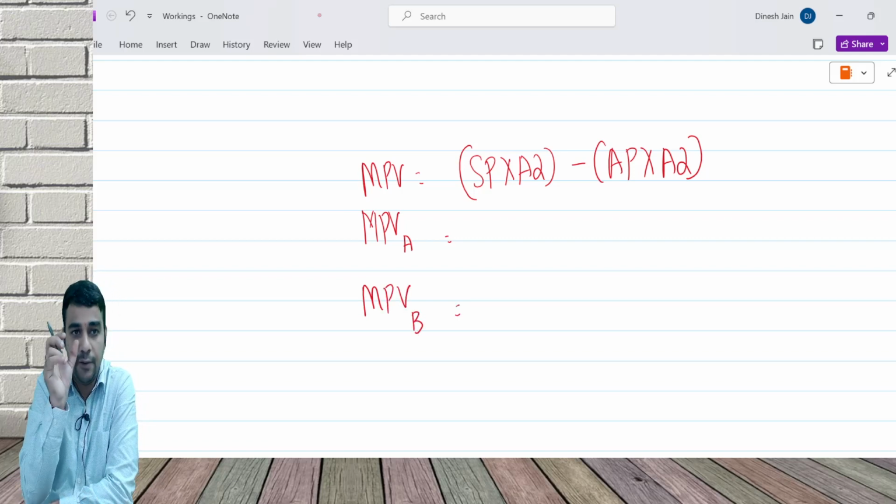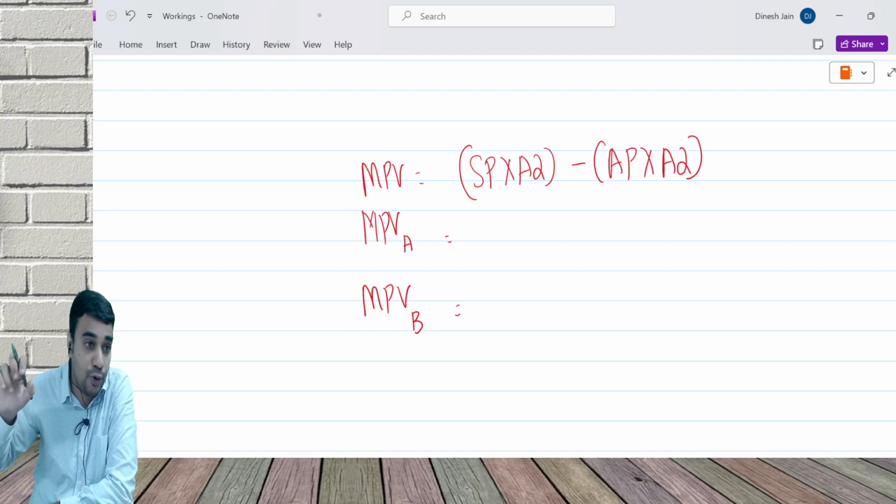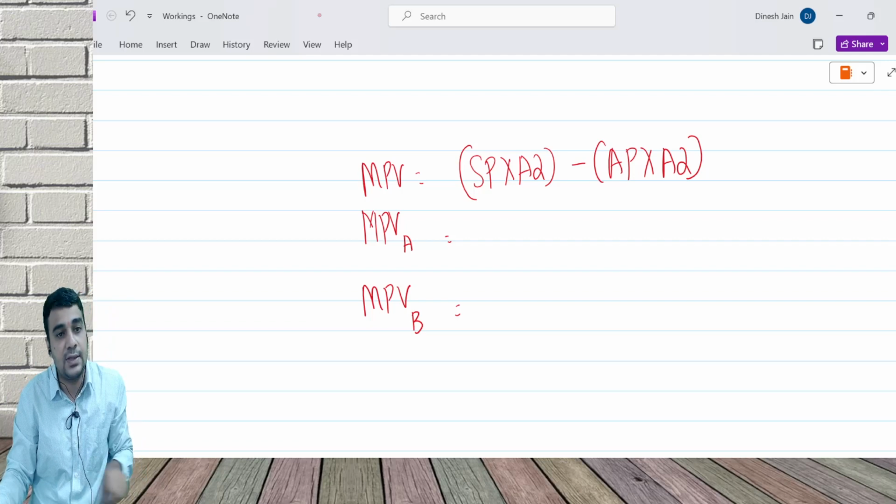Look at the information only for product A. Tell me what is SP into AQ, what is AP into AQ, only for product A, then only for product B. The question wanted us to do it separately. In short, the total we put is of no use in this question. The total is of no use because they have not asked it together.